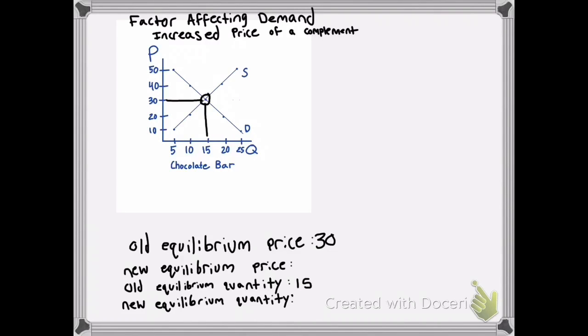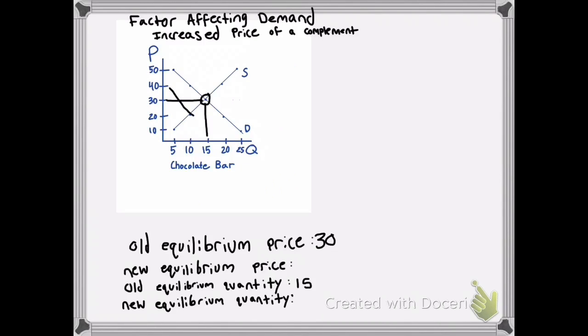Okay, so this is going to be a factor affecting demand: an increased price of a complement. A complement of a chocolate bar can be fruit. People like strawberries and chocolate, so they can be complements. If the price of fruit increased, that would decrease the demand for chocolate bars.